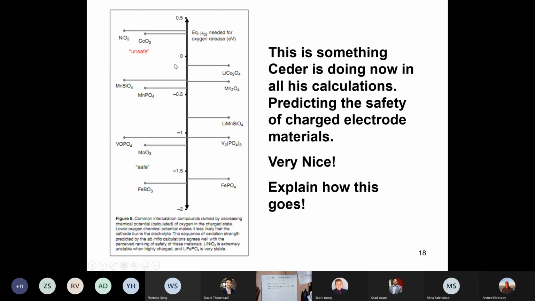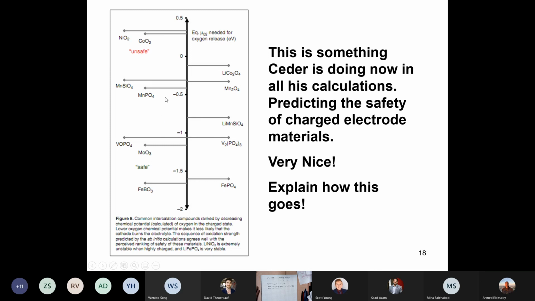And then when you look down this chart, look where LFP, charged LFP, is way down here, right? And the surprising thing about this chart is manganese phosphate was way up here, right? So you would wonder, where is LMFP, which is a combination of iron and manganese?